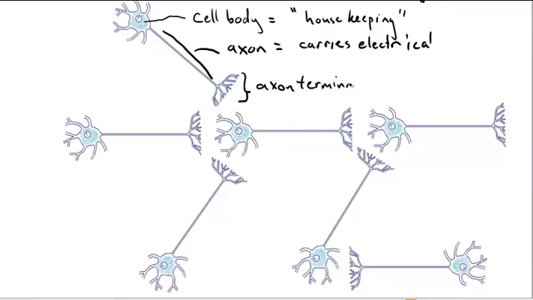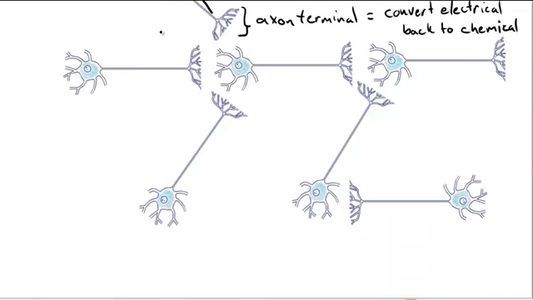At the very end of the axon, we get an axon terminal, whose job is to convert electrical back to chemical. Last day we talked about how we needed both electrical and chemical: electrical for speed and chemical for control. This is where the control point is, where we're converting into chemical, and we can have many different chemical signals feeding into any given dendrite.